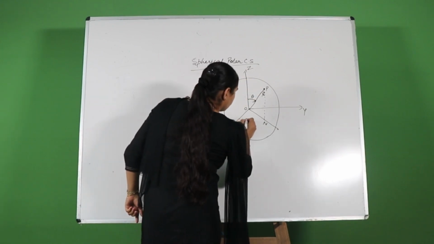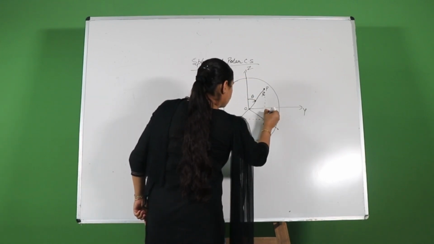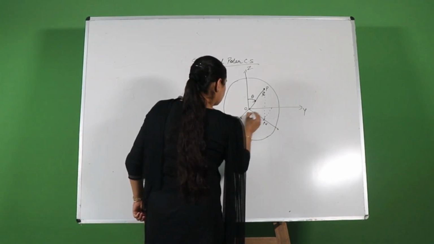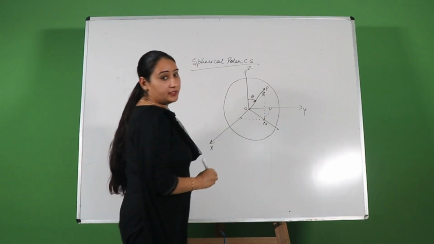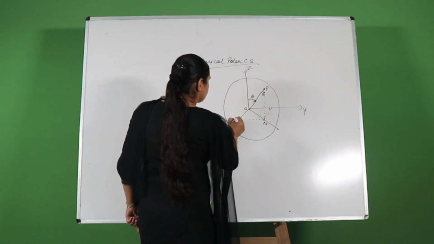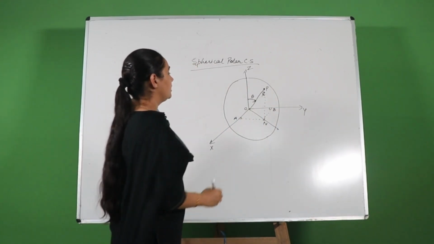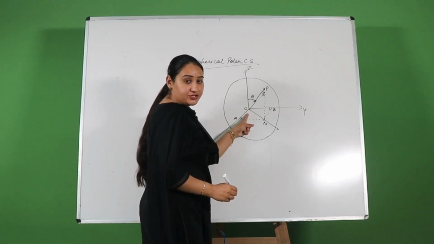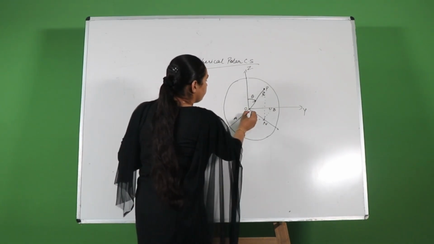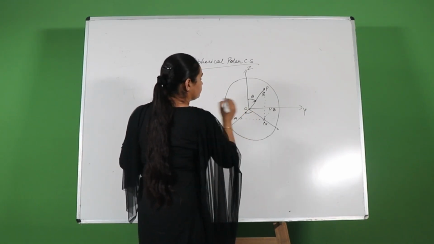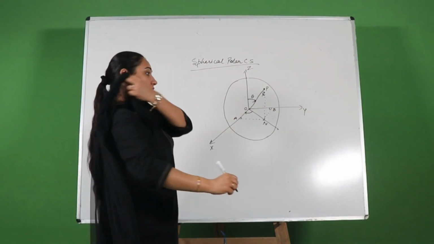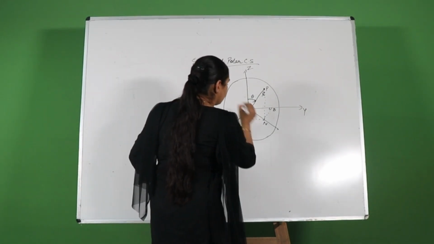If I draw perpendiculars here, this is 90 degrees, this is 90 degrees. Suppose this is A, this is B. Now the angle which this projection makes with the x-axis is called phi.